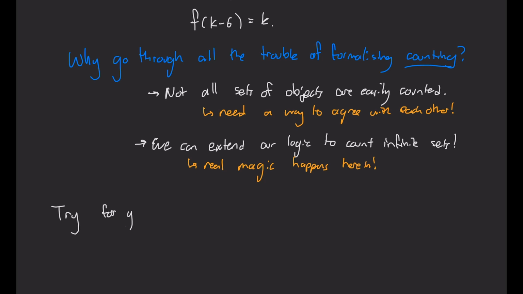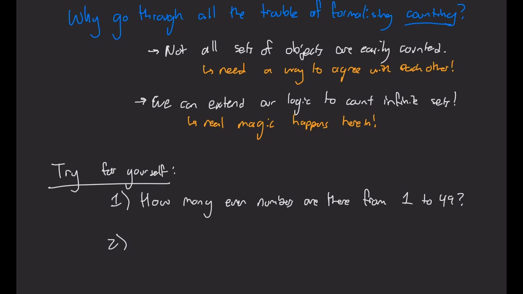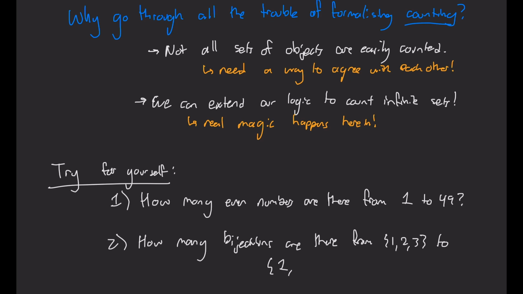Okay, so I'll end off by offering you a couple of exercises to try for yourself. The first one is, how many even numbers are there from 1 to 49? And second, how many bijections are there from {1, 2, 3} to our set {1, square, elephant}?